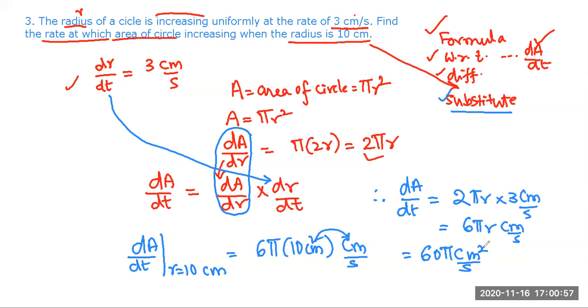Find the rate at which the area of a circle is increasing when the radius is 10 centimeters is done. The next question, question number 4, again I'm going with the text. Let me type the text first, then I will come back.